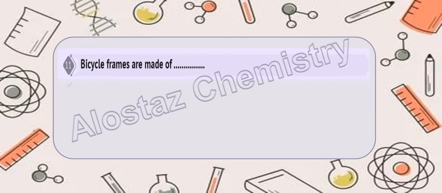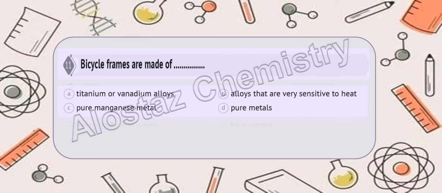Question 11 says that bicycle frames are made from what? We have titanium or vanadium alloys, alloys that are very sensitive to heat, pure manganese metal, and the last one, pure metals.